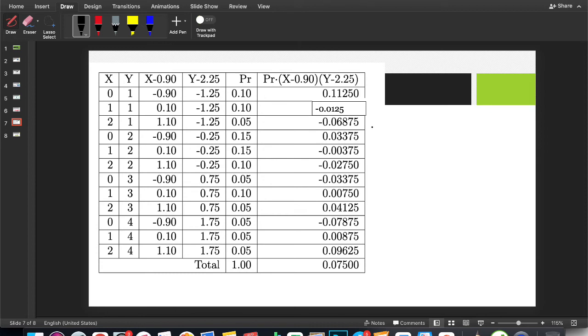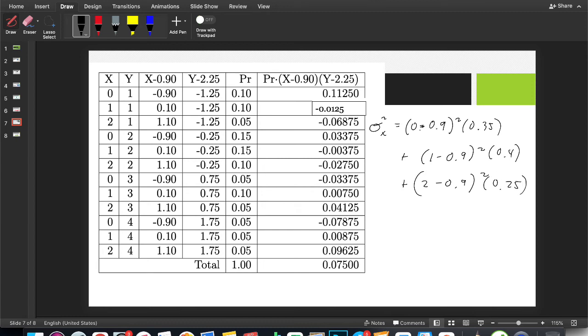So if you want to calculate the variance of x, so that's sigma squared sub x, basically you do this solution, so that's 0 minus 0.9 squared multiplied by 0.35 plus 1 minus 0.9 squared multiplied by 0.4, and then plus 2 minus 0.9 squared multiplied by 0.25.